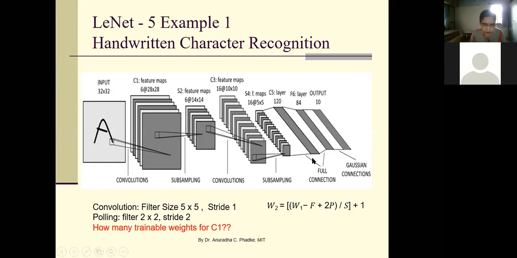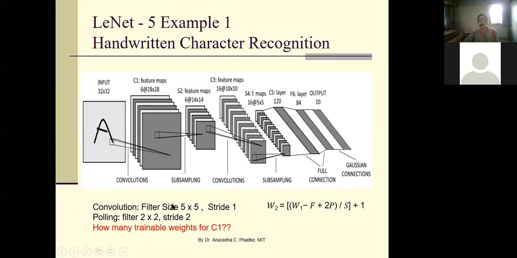Now let us have a look at details of this LeNet-5. For LeNet-5, we have an input image of size 32 by 32. Now in this example of LeNet, the filter size used is 5 by 5. Stride used is 1 for the very first convolution layer.